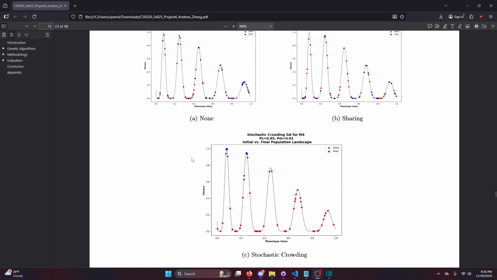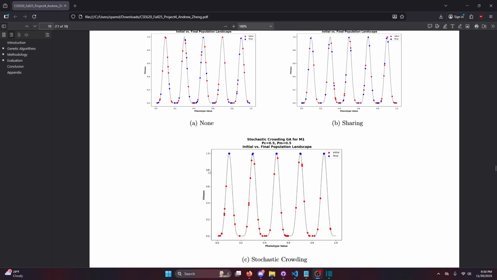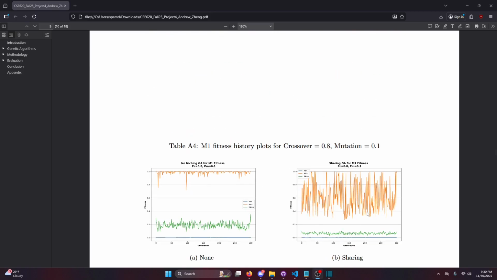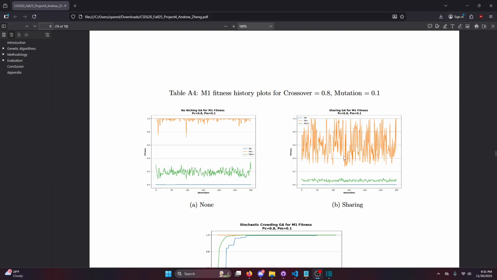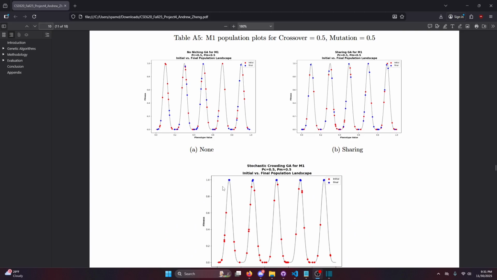The other thing that's interesting is how chaotic the convergence is for everything except for stochastic. Stochastic crowding converges very, very quickly and very, very nicely, but these become very chaotic, which is interesting.